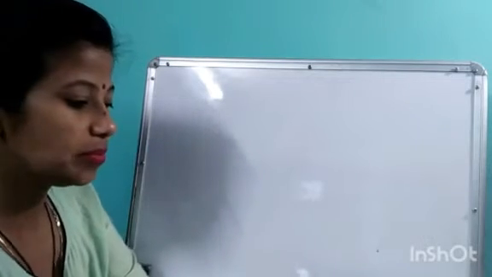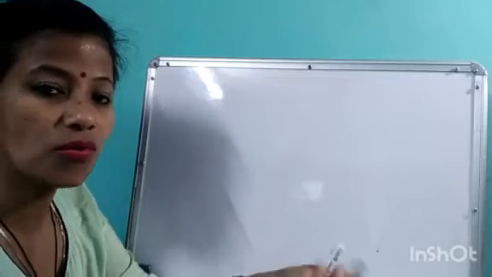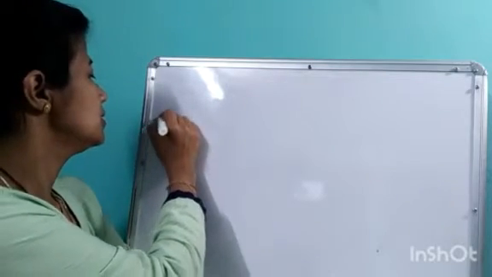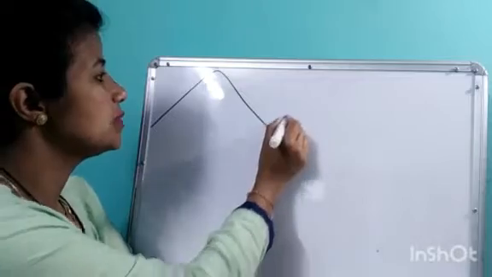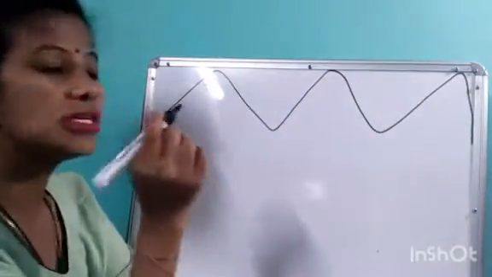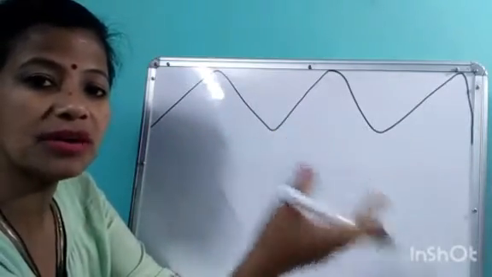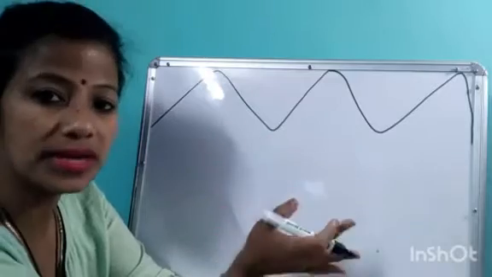Now drainage basin, or how rivers are formed. This time I am telling you how a river originates. Perennial river means a river which has water throughout the year.